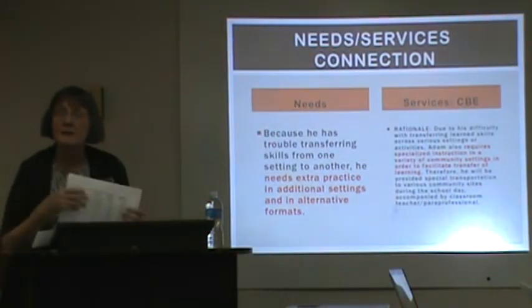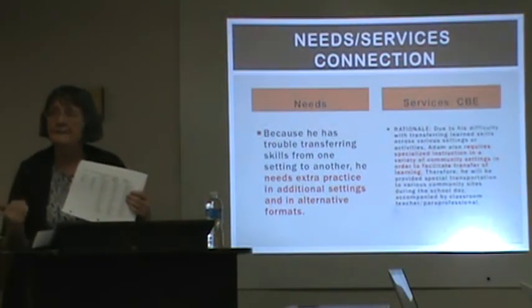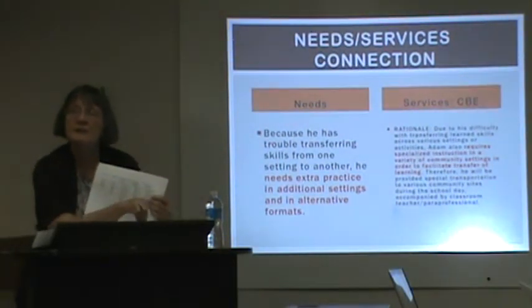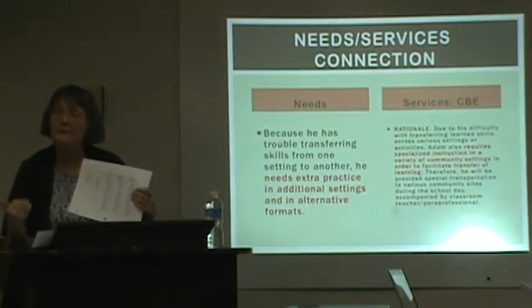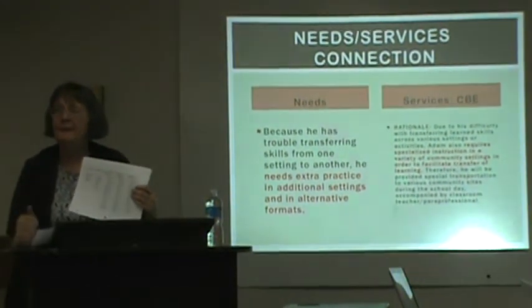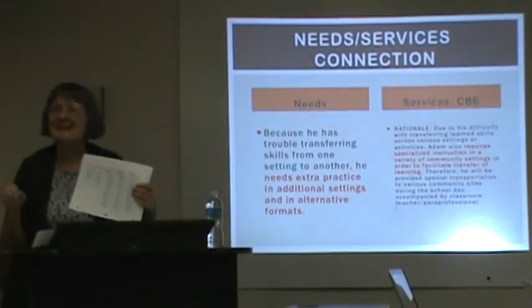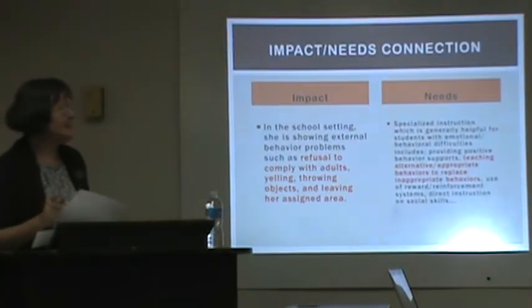So that helps me rationalize why he's getting that service. It all ties together based on the characteristic of the disability and the impact it has at school. And of course, your goals would tie in too. But that's a whole other presentation. Okay, let's look at another example.